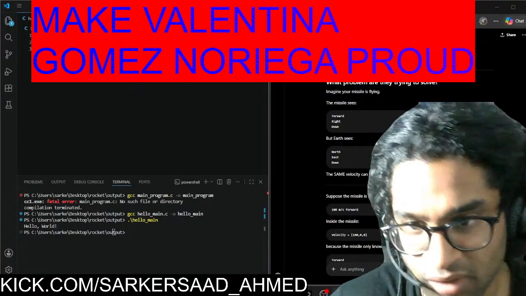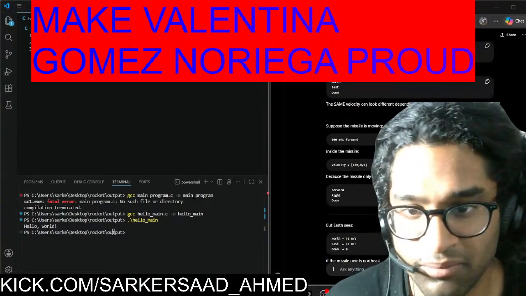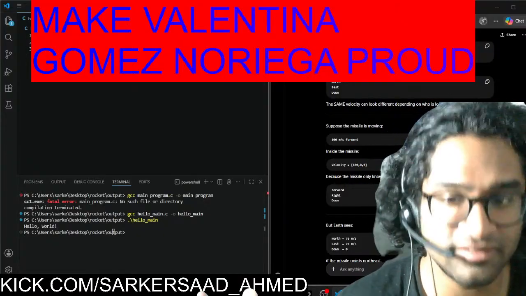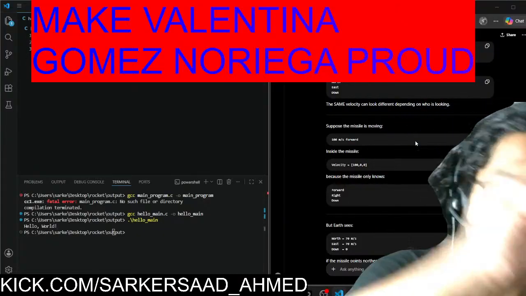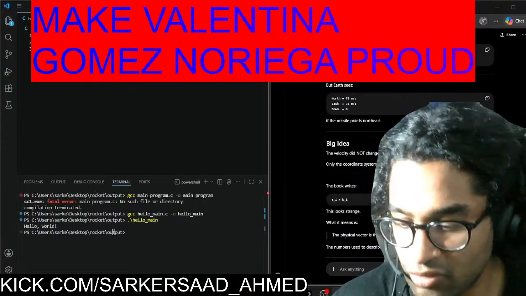Since the missile only knows forward, right, and down, the Earth will see 70, 70, 0. The velocity did not change, only the coordinate system changed.